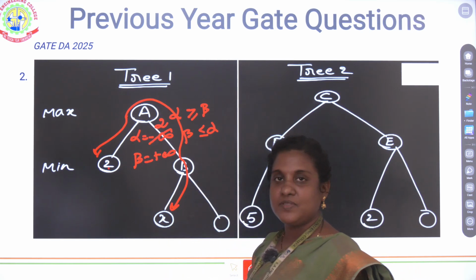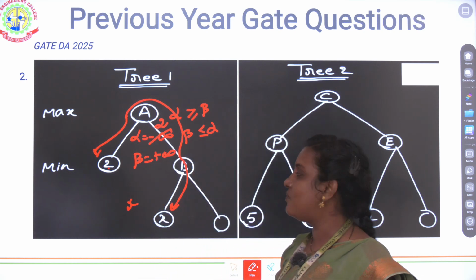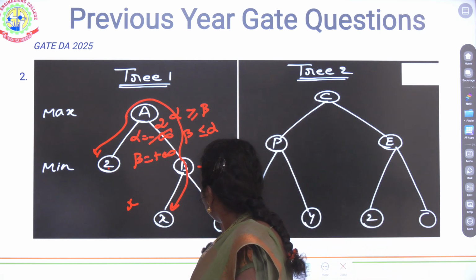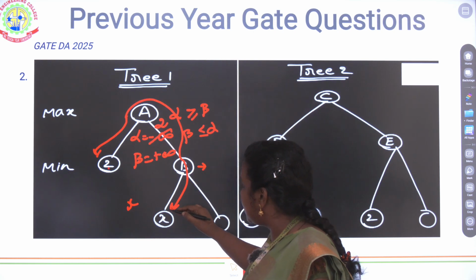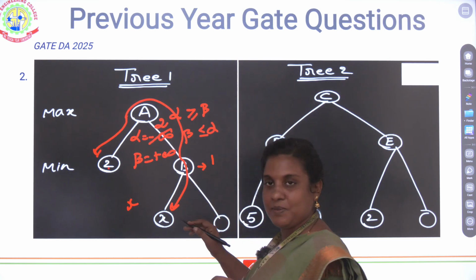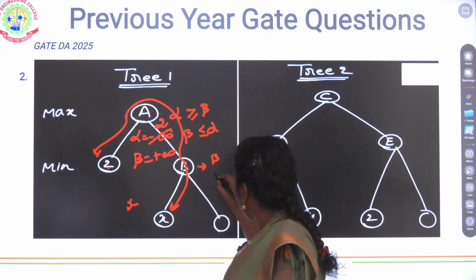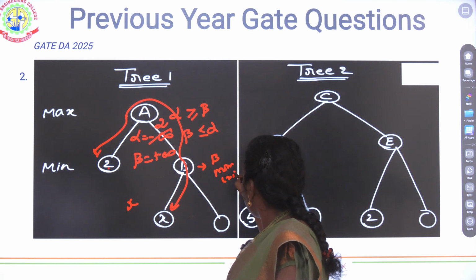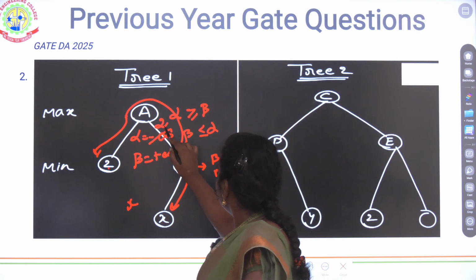Here we have the variable x, and we don't know the value of x. Here the min player is playing the game, and the min player always deals with the minimum value. Beta should always choose the minimum of 2 and x.